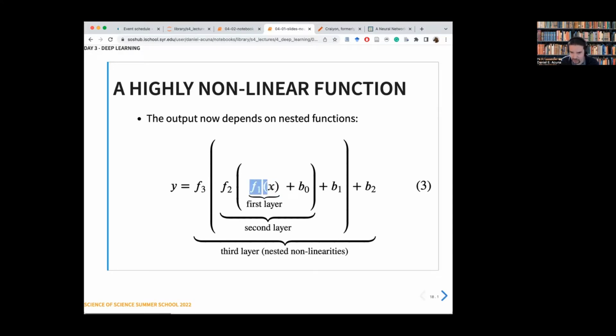So you have a nonlinear transformation at the first layer, then that gets passed into a second layer that also gets transformed nonlinearly, and produces a nonlinearity of a nonlinearity, and so on and so forth. So it's a very nonlinear function, very complicated.